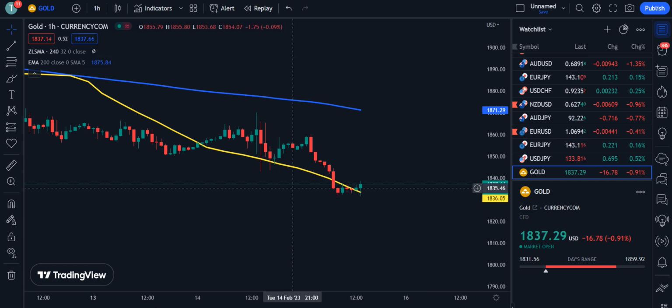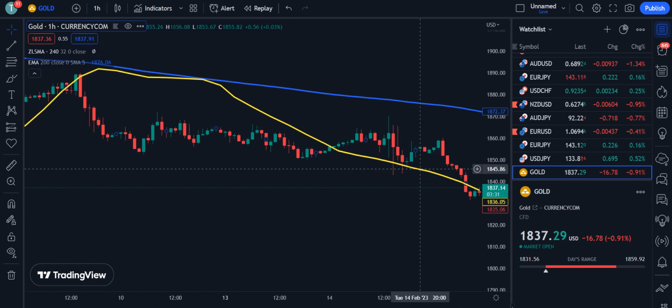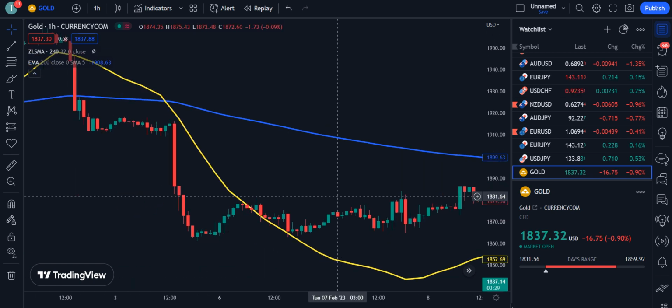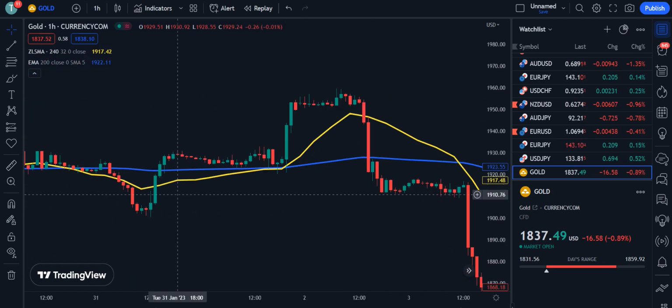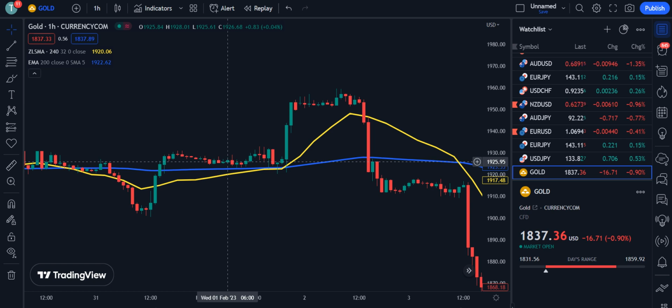The first thing is that, for a long trend for example, the price or candlestick is above the 200 EMA. As you can see, this is the 200 EMA in blue color.